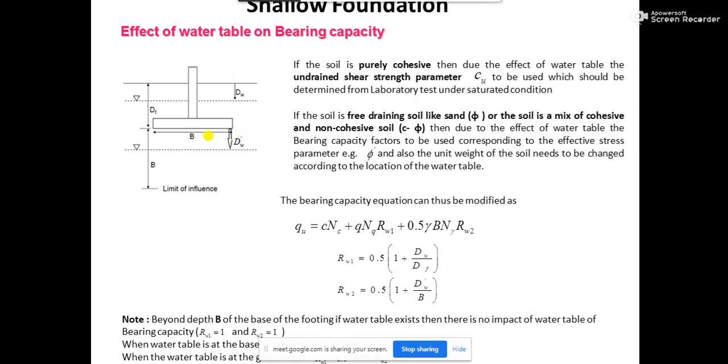So how much will be the influence zone? The influence zone will be below the base of the footing up to a depth of 1.5 meter. So B is equal to 1.5 meter.